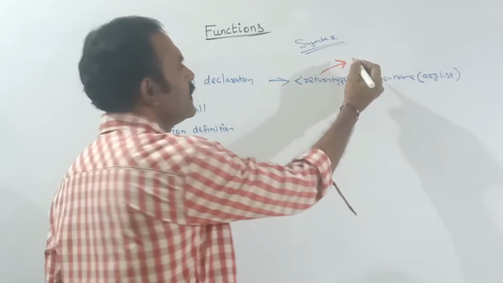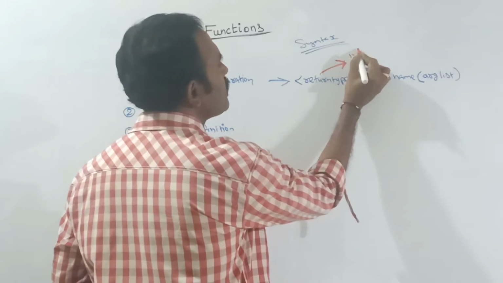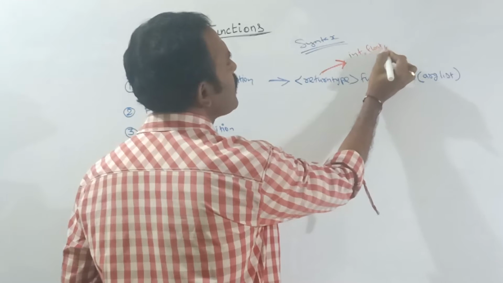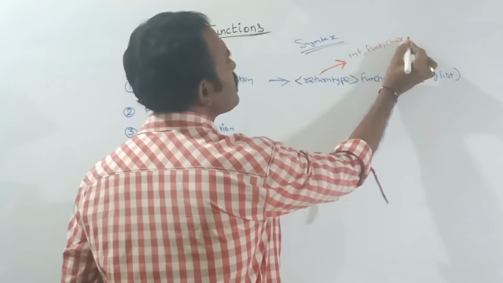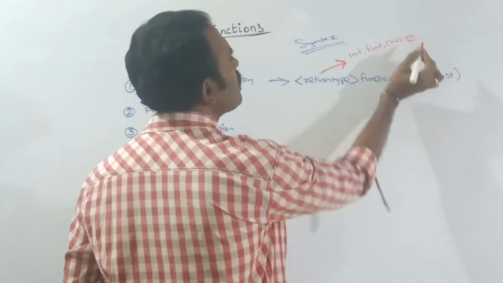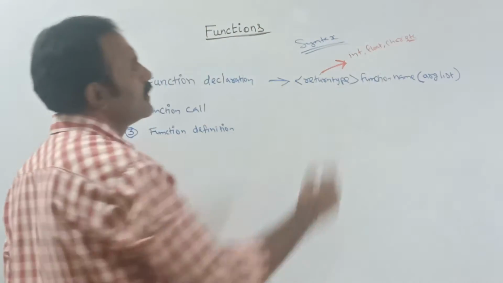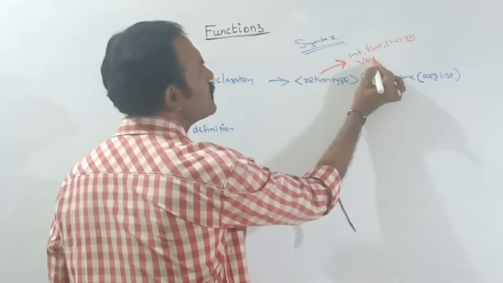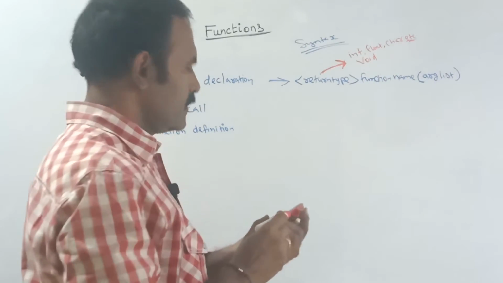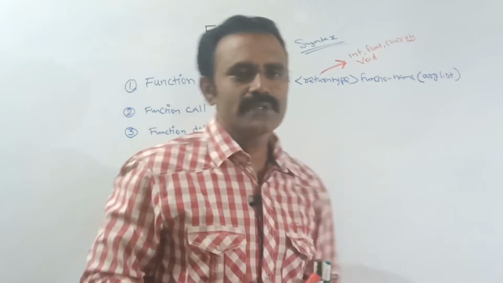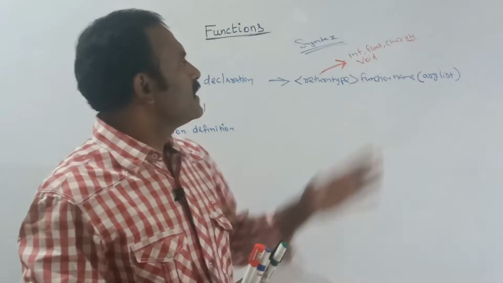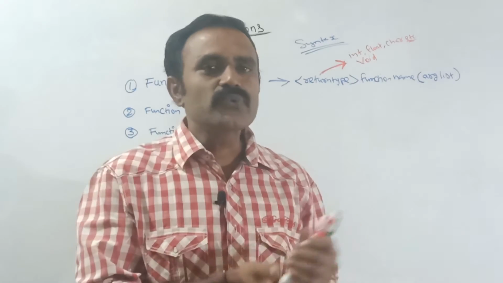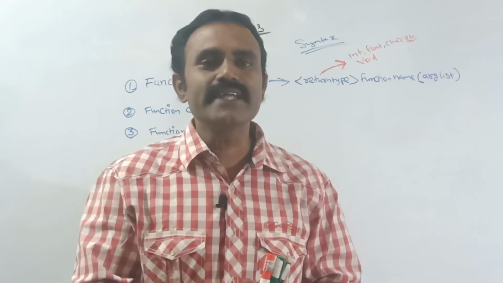So the return type may be integer, float, double, character, etc. These are the return types. And void is also a return type. Integer, float, and character return some value to the call in the main function.